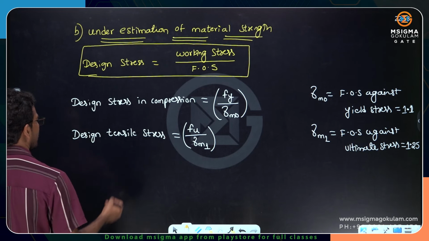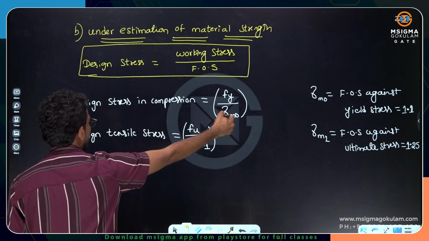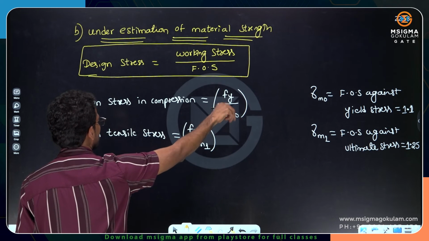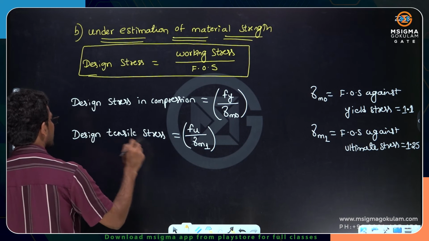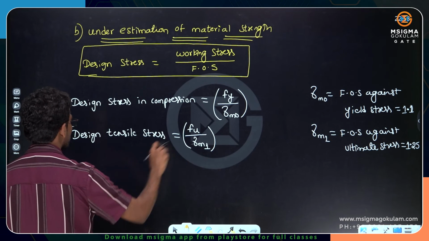Design compressive stress is Fy by gamma m naught. Gamma m naught is the factor of safety against yield stress, which is 1.1. And design tensile stress is Fu by gamma m1, where gamma m1 is 1.25.